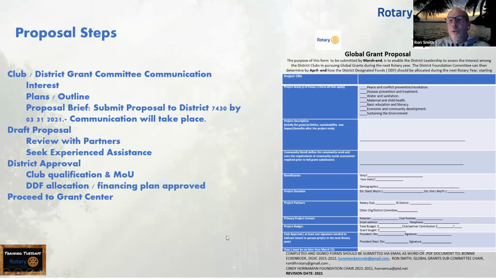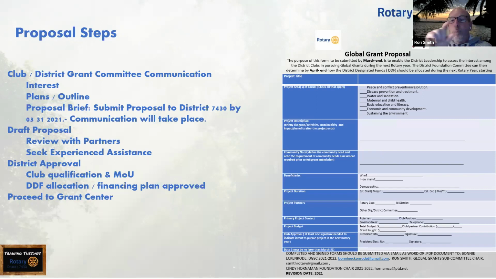There is a proposal online form. You go to our Rotary District 7430.org website. You go up under Foundation, you click it, and you see grants, and you click it, and you go into some documents, and one of them is the Global Grant Proposal Form, and that's what's here on your screen. Basically, it's one page.